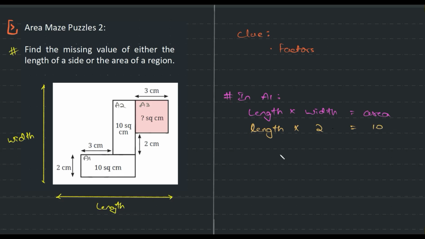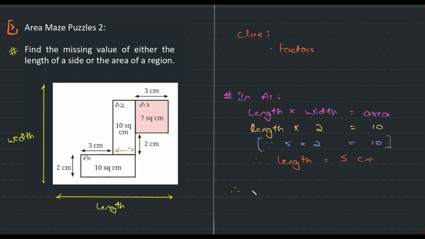And this entire thing is 10. But we know that 5 into 2 is 10. And so we have the length to be 5 centimeter. Because entire length is 5 centimeter, the unknown value is 2 centimeter.